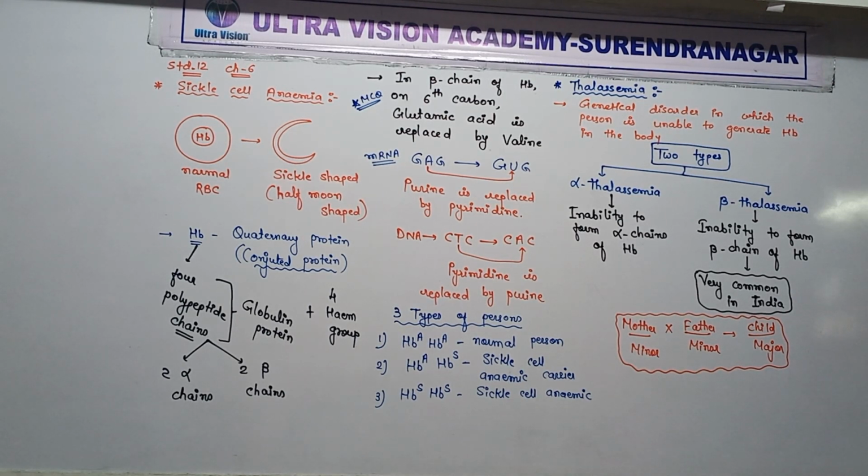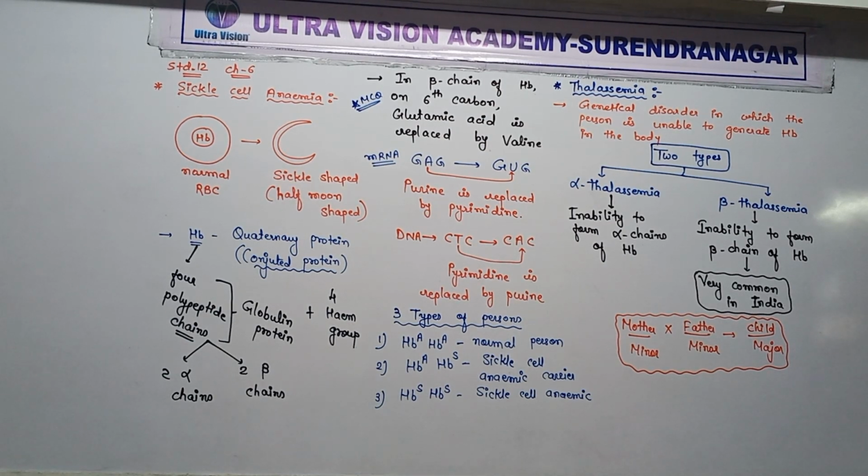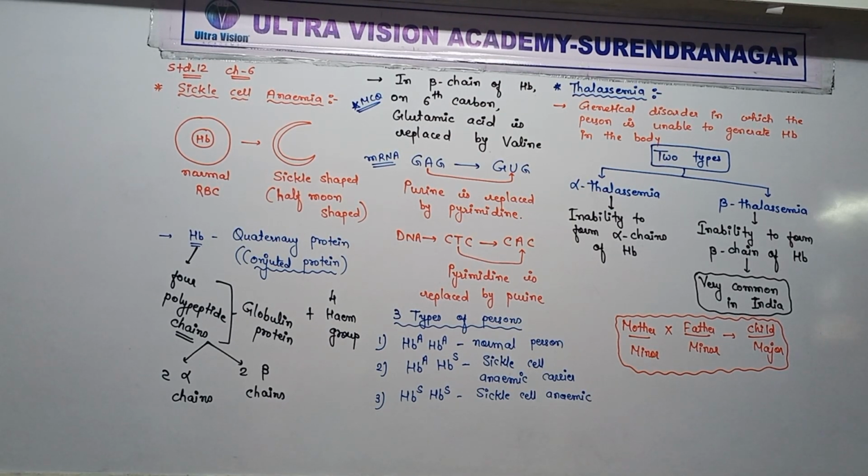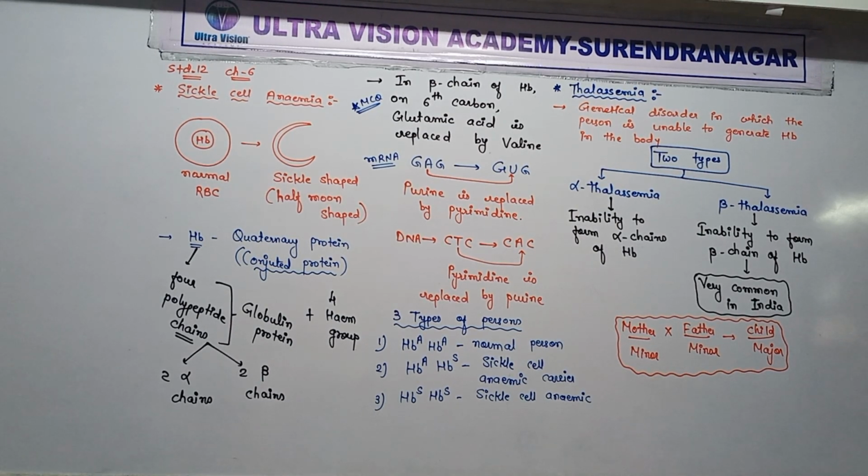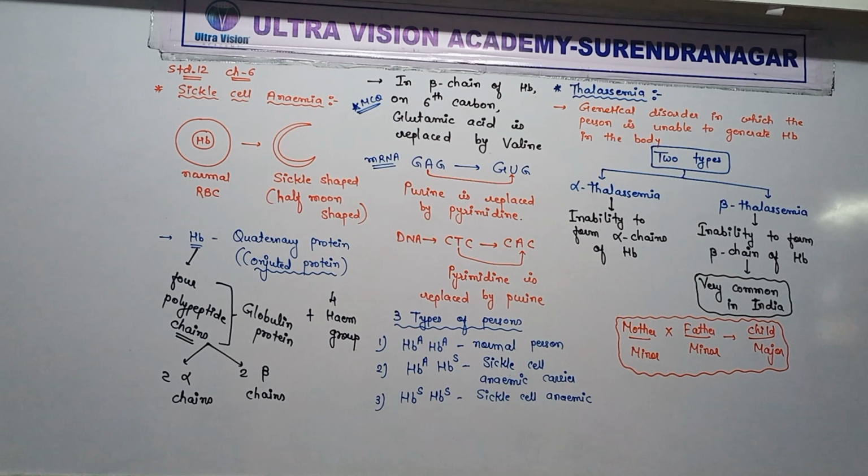Let me complete this. A sickle cell anemic person can never get malaria. Malaria is caused by Plasmodium, a protozoan, spread by the female Anopheles mosquito. When the female Anopheles mosquito bites a human being, it secretes its saliva, and in the saliva sporozoites are there. Sporozoites are nothing but a type of the plasmodium, which I will explain in the 8th chapter.